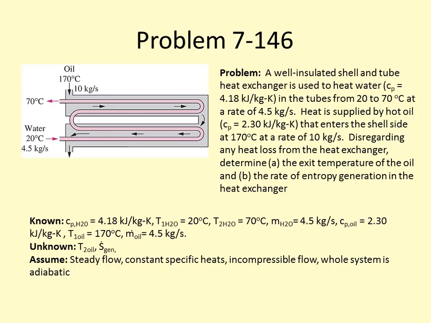So if we add those two together, we can see that the entropy is being reduced due to the heat transfer out of the oil, being increased by a greater amount due to the heat transfer into the water. So this S dot gen is 0.730 kilowatts per Kelvin. That's the total entropy generation of the heat exchanger.